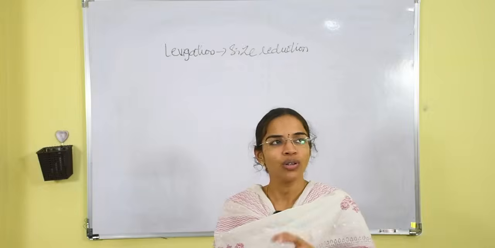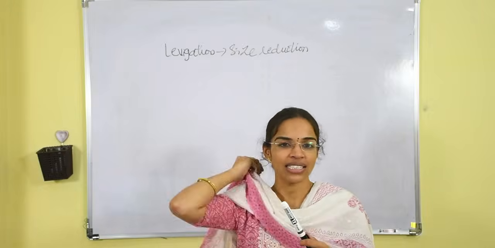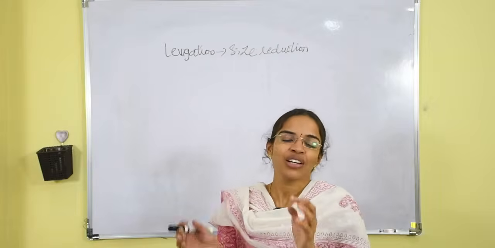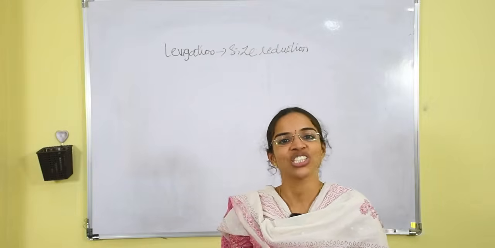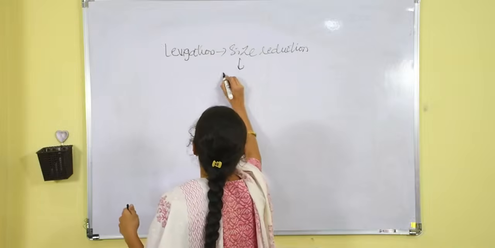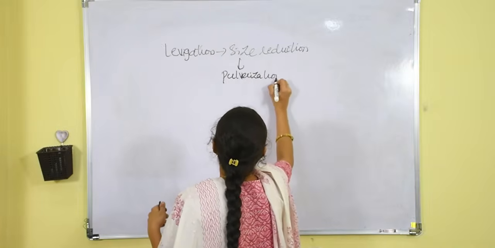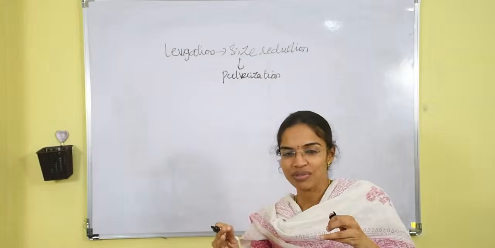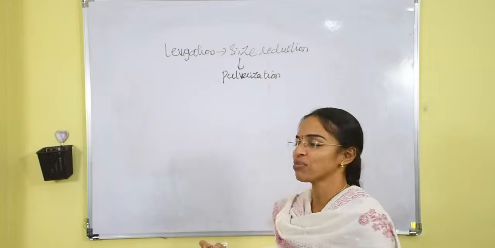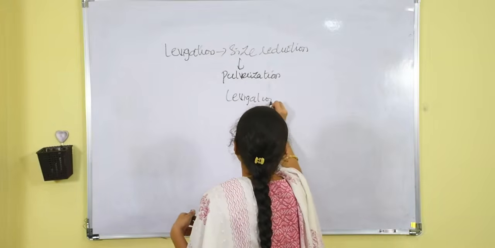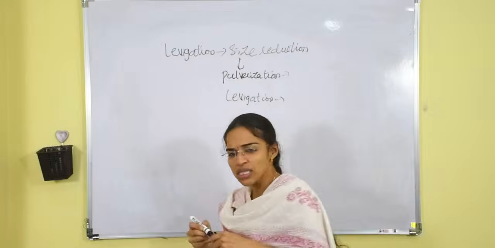Okay. So there are different terms related to size reduction, and the main conflict occurs between pulverization and levigation. Size reduction has two kind of synonyms, pulverization and levigation. So what is pulverization?